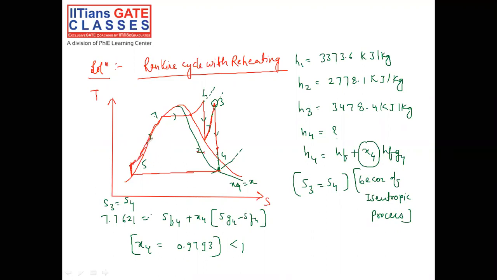Now this is your actual figure. This is point 5, this is point 6. Now that X4 is less than 1, we can calculate H4. If you calculate, the value is 2560.88.